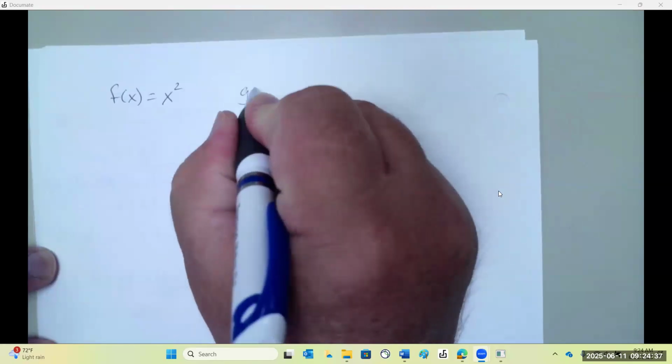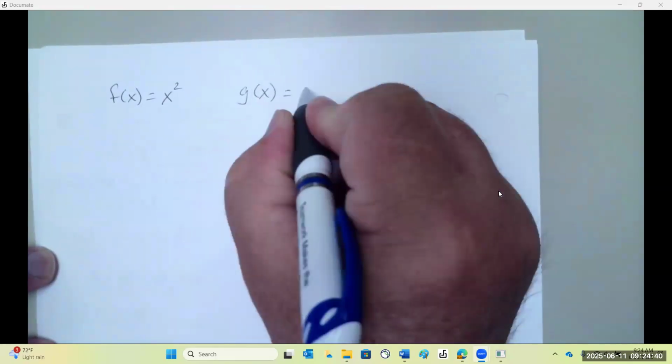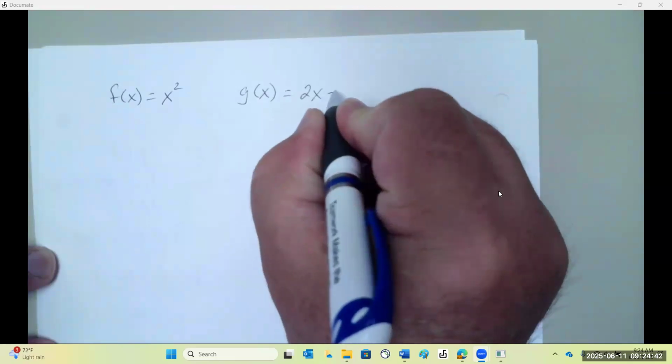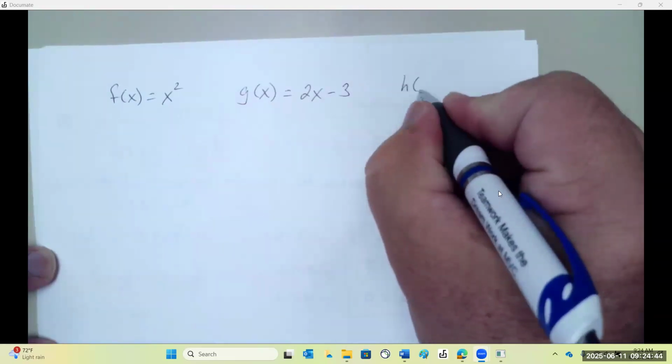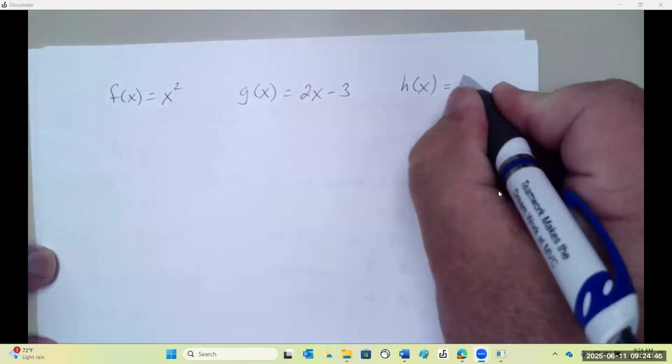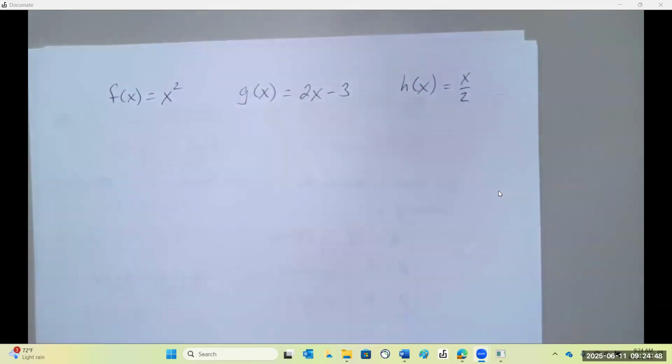I'm defining this function, f of x, as x squared. I'm saying g of x is 2x minus 3. I'm saying h of x is x over 2. I've just defined my functions.